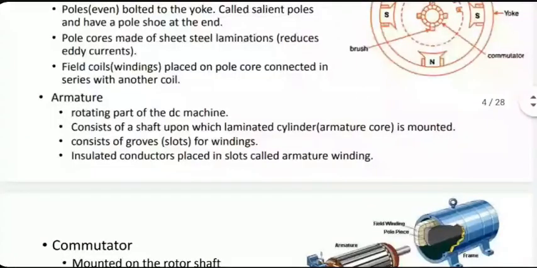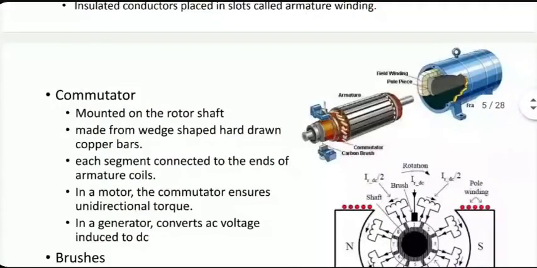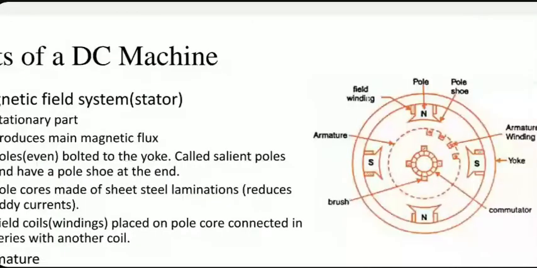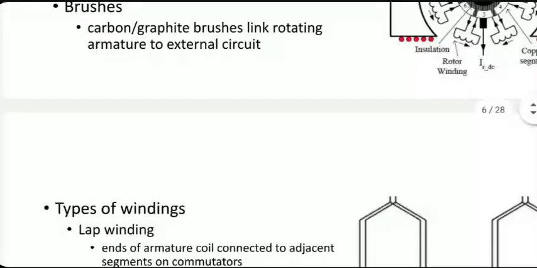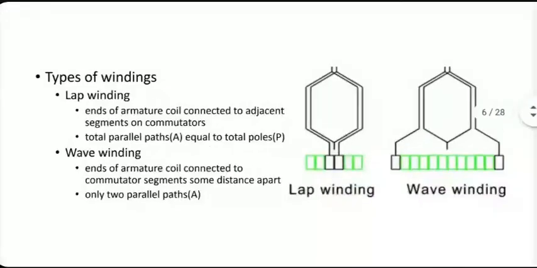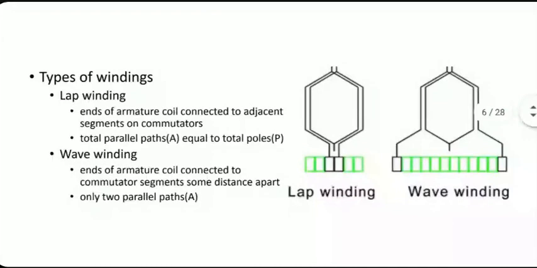Now, armature winding is the name given to how conductors are connected, and field winding is the name given to how conductors are wrapped around the poles to make the flux stronger. Armature winding can be of two types, lap and wave type.